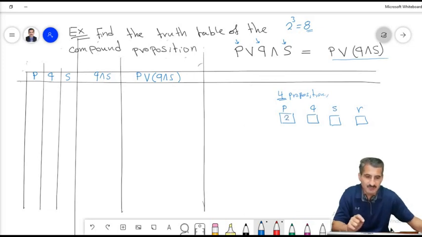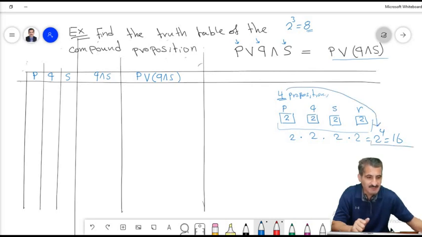So we have two possibilities here, and two possibilities here, and two possibilities here. So the number of all possibilities is 2 times 2 times 2 times 2, that's 2 to the power 4, and then we have 16 cases. So we have 16 cases whenever we have 4 propositions.